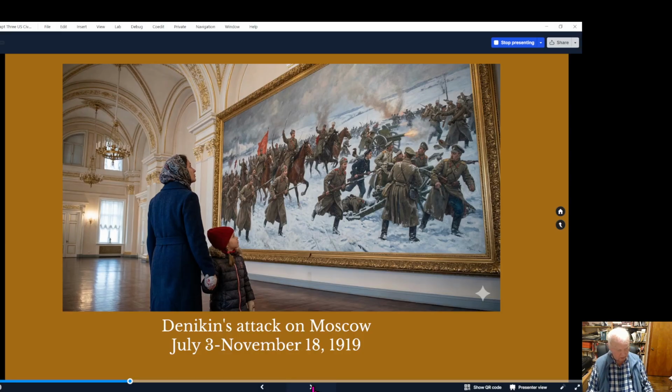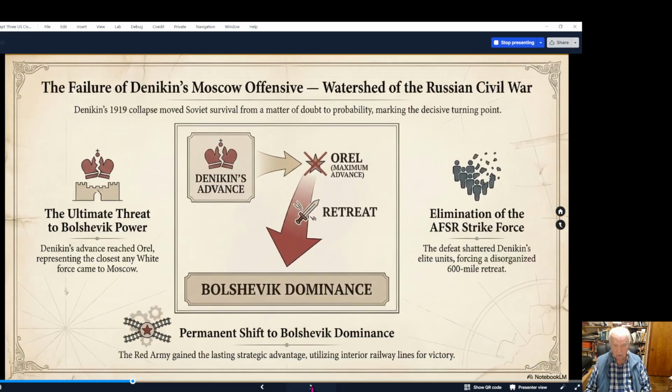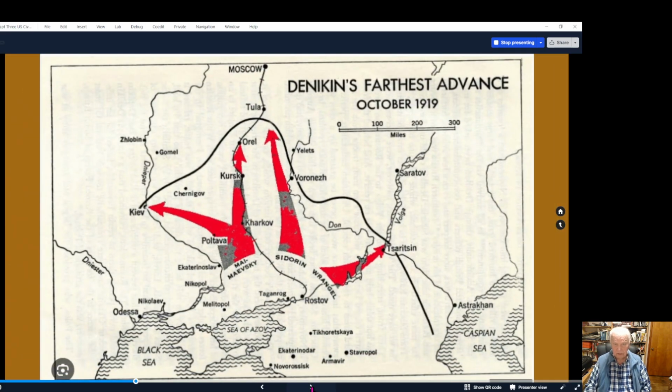Now, the watershed battle in the Russian Civil War is Denikin's attack on Moscow. So in 1919, there are white leaders scattered all around the Bolshevik forces.